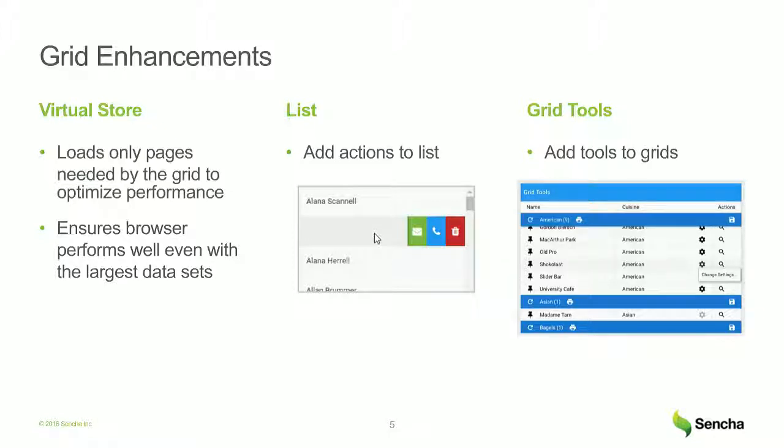And the tools are common to all of the rows or the various cells in a particular column. And so it can really simplify the way that you set up the actions that you allow users to perform on the elements within a grid.